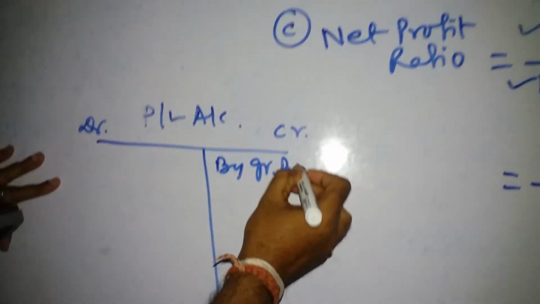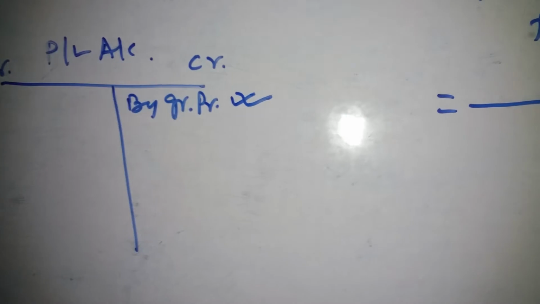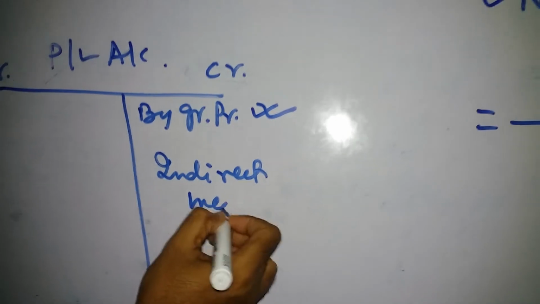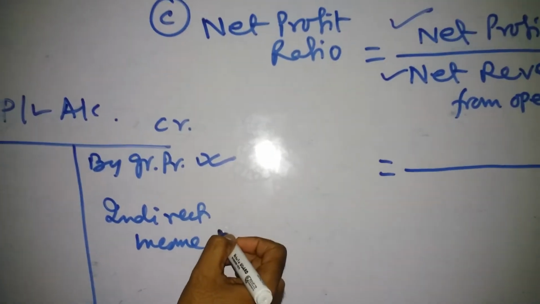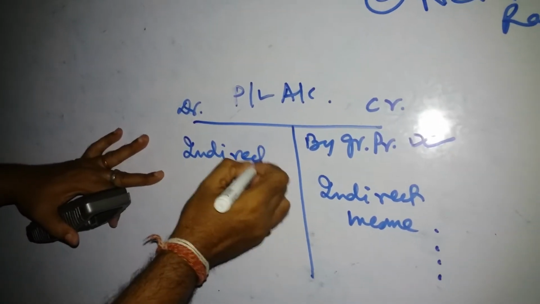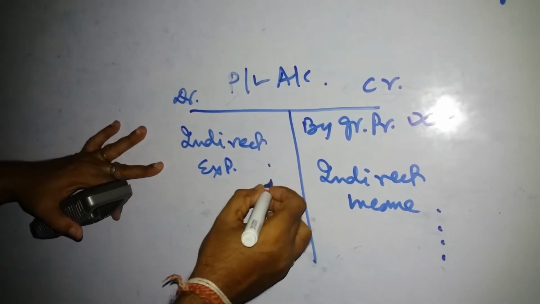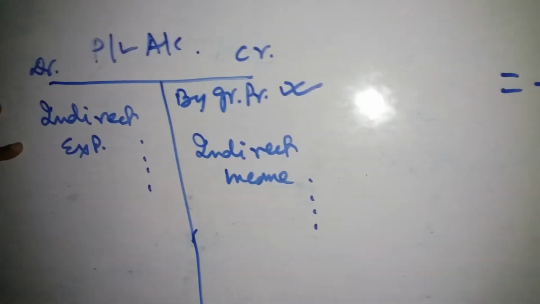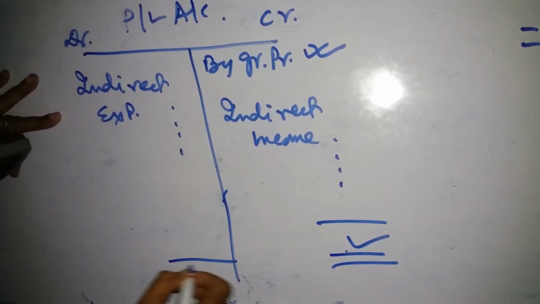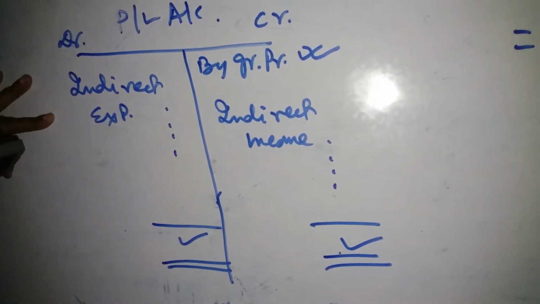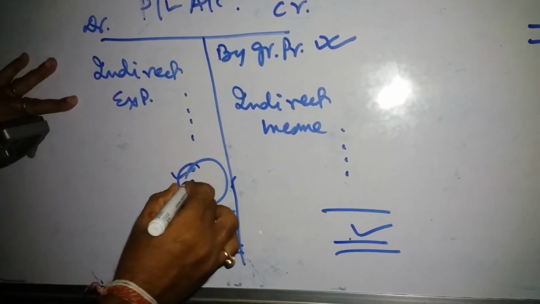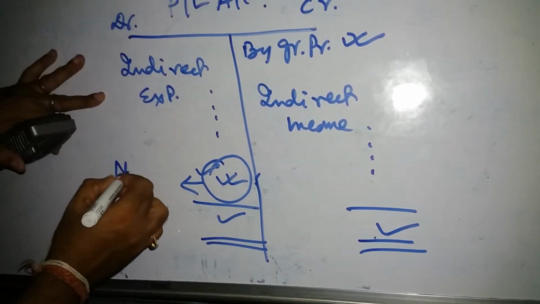All indirect income was coming in the credit side, all indirect expenses were coming in the debit side, and the balance amount, after putting the total of the credit side in the debit side total, was called net profit.